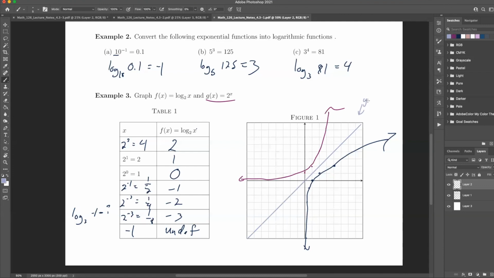This is y equals x, and so this is a reflection across it. So these are inverses. Okay, so the log function is an inverse of this function, and I'll let you guys write that all down.